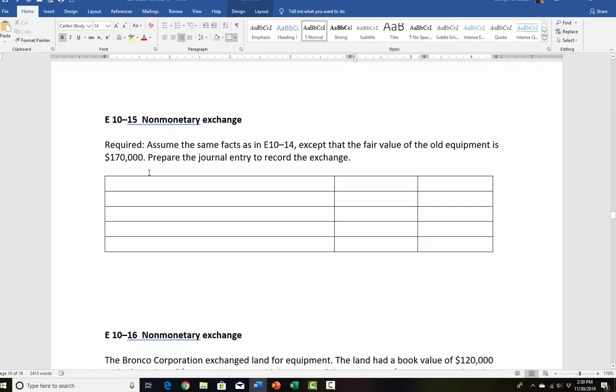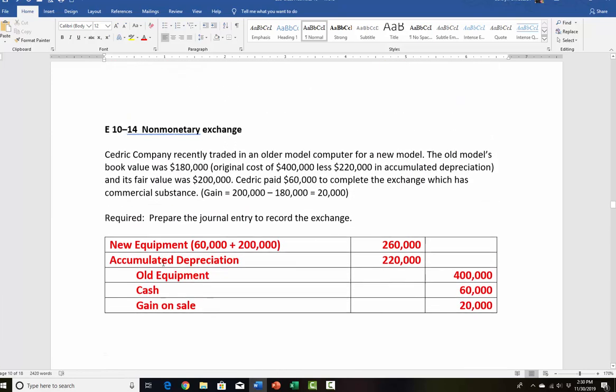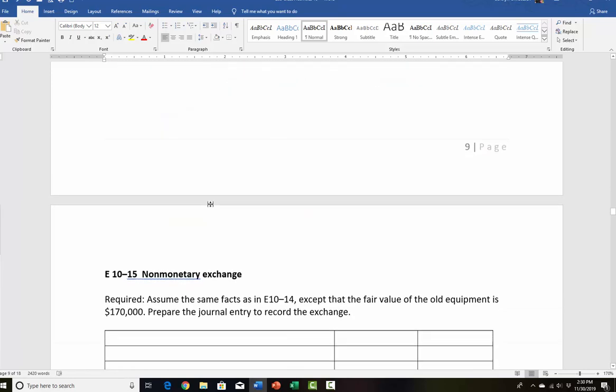We have four exercises here to take a look at. Same facts, except that the fair value of the old equipment is $170,000. So now we have a fair value equal to 170, and let's go back and remind ourselves, the book value of this asset was 180.